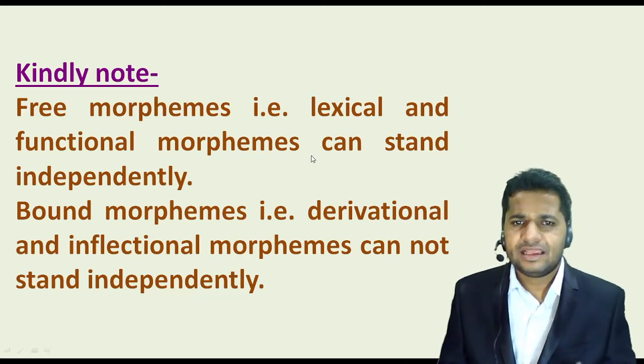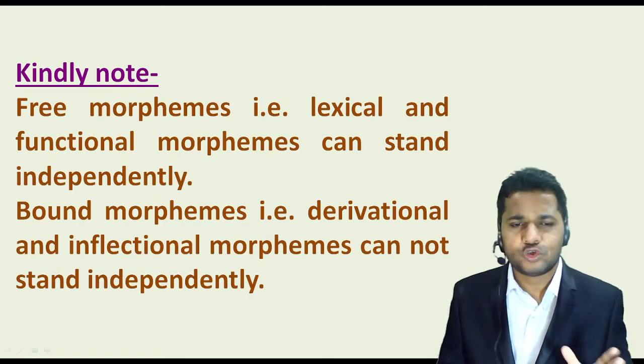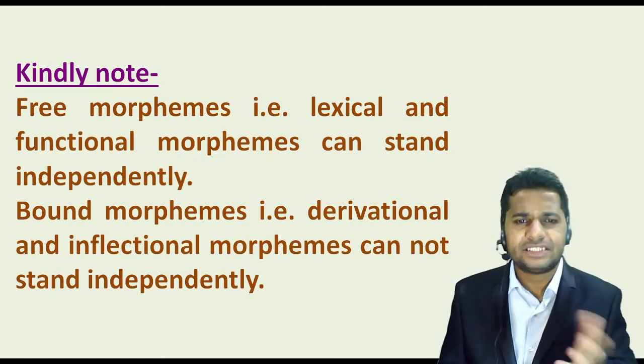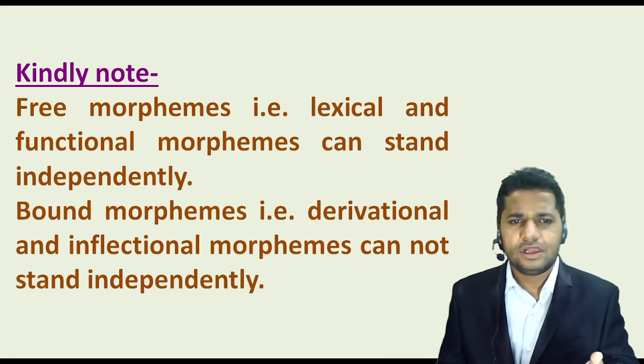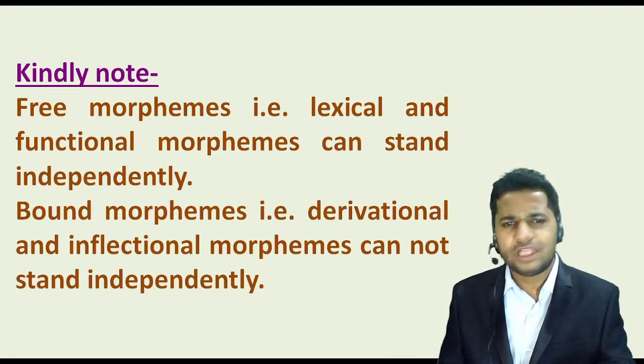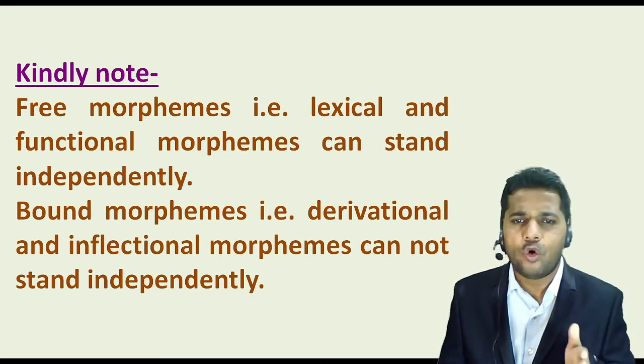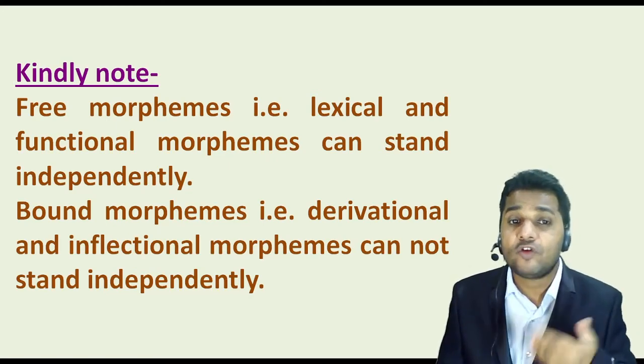Free morphemes, that's lexical and functional morphemes, can stand independently, because these are meaningful words. Boy, table, chair, computer, light, all these are lexical morphemes. They have their own meaning, they are content words, informative words.